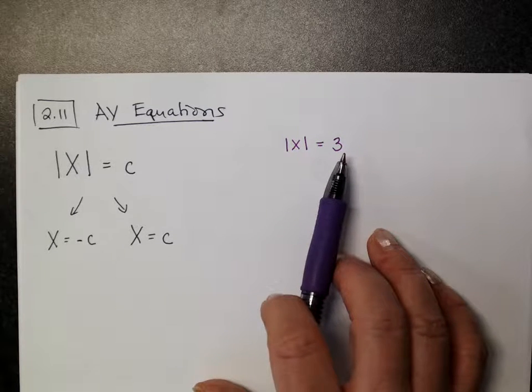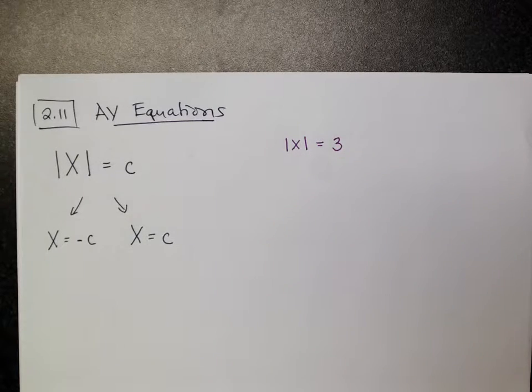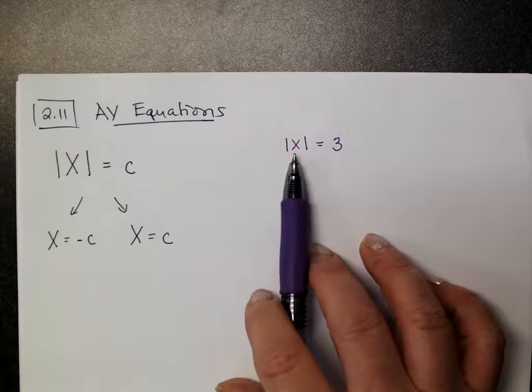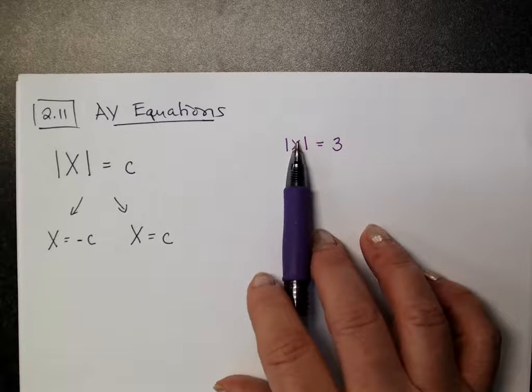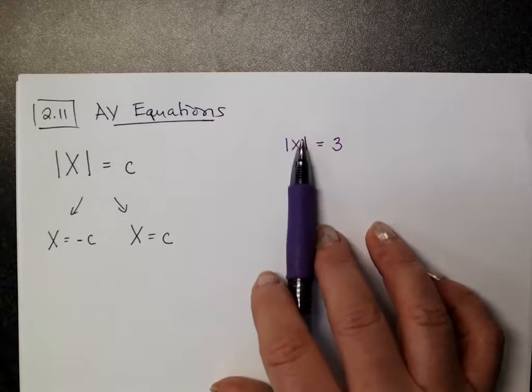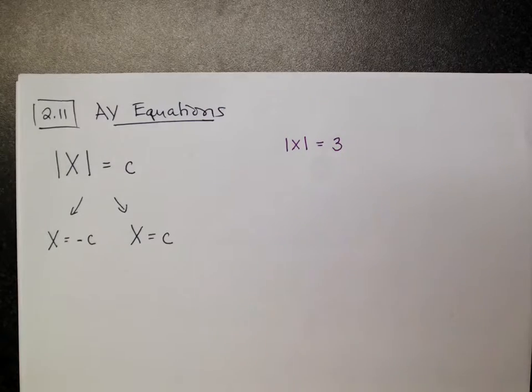Yeah, 3, right? And what's another value it could be? Negative 3. Absolute value equations have two solutions, because there's two possibilities for what's inside the absolute value bars that's going to spit out a positive number. Both the negative version and the positive version of x will spit out a positive 3.